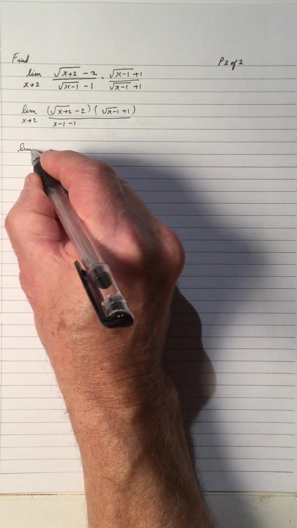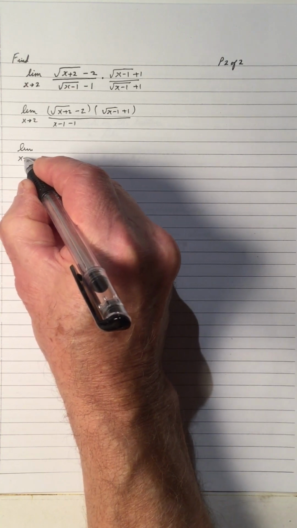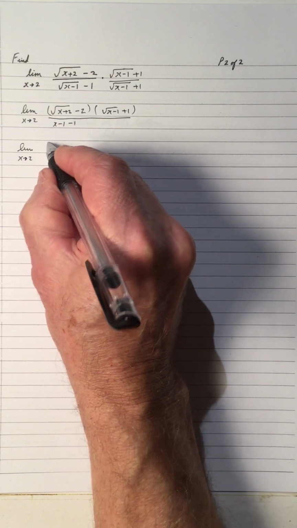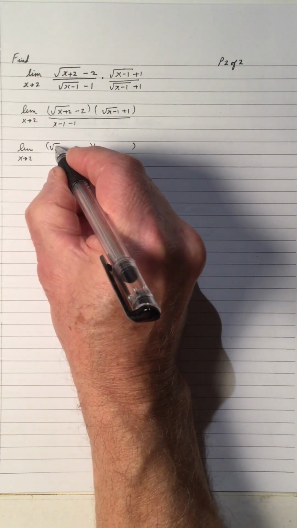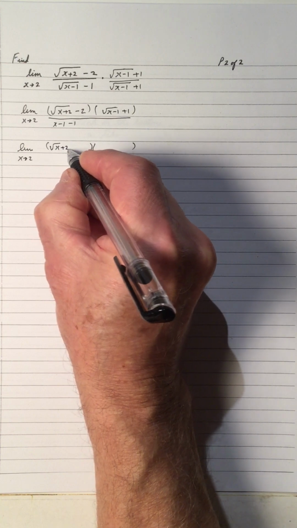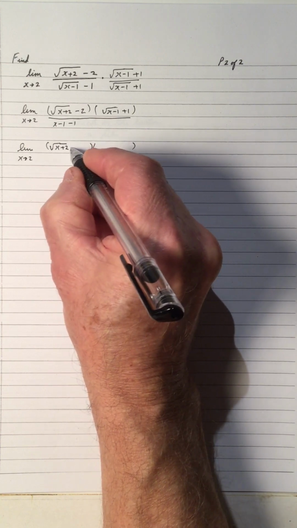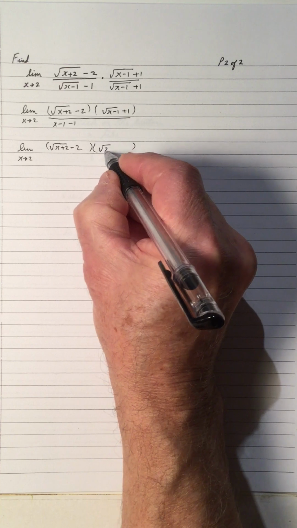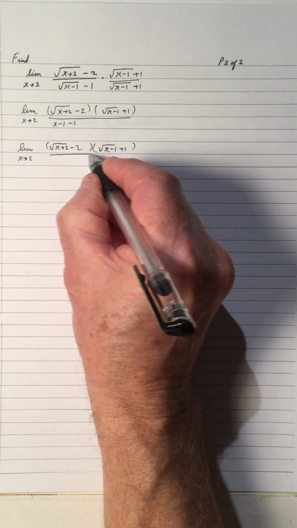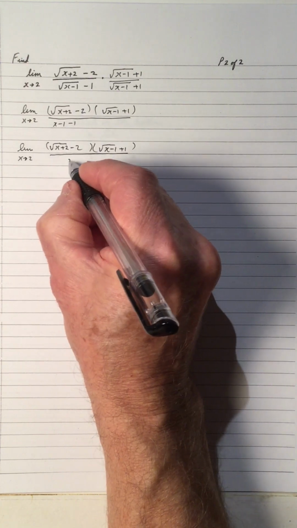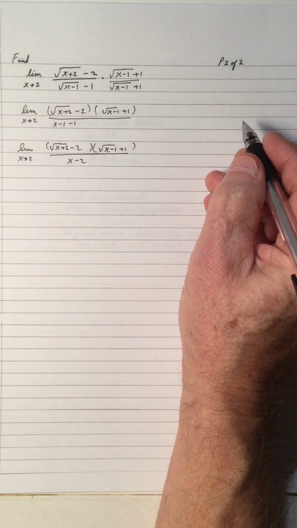So that gives us the limit as x approaches 2 of the root of x plus 2 minus 2, times the root of x minus 1 plus 1, over the simplified denominator x minus 2.